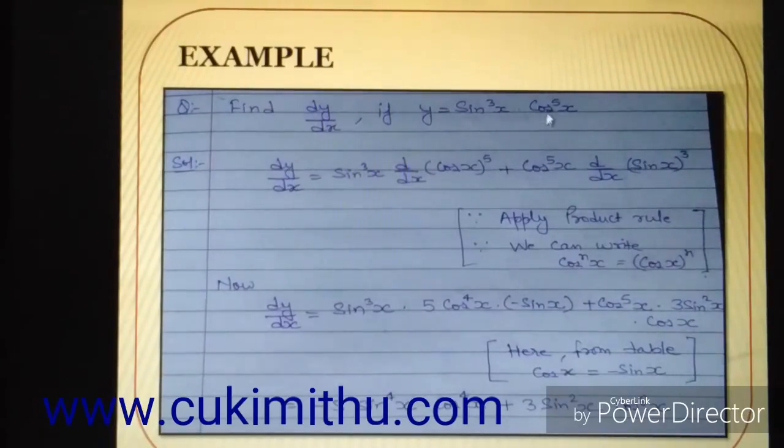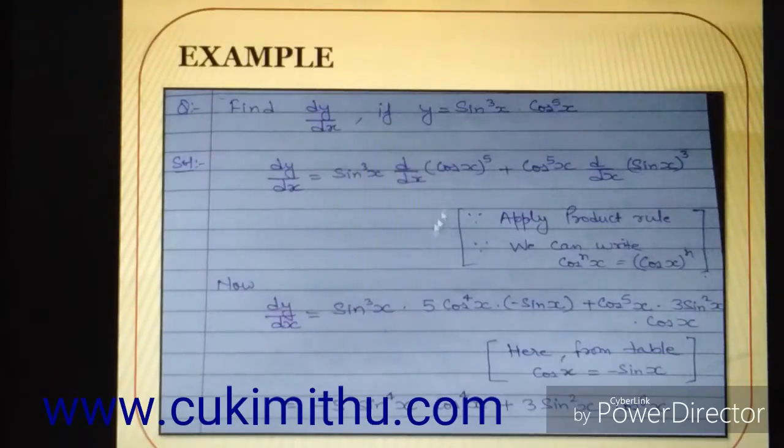Now this is constant and we take the derivative of this: cos to the power 5x and the derivative of sine cube x. Here we applied the product rule. Then we solve it.